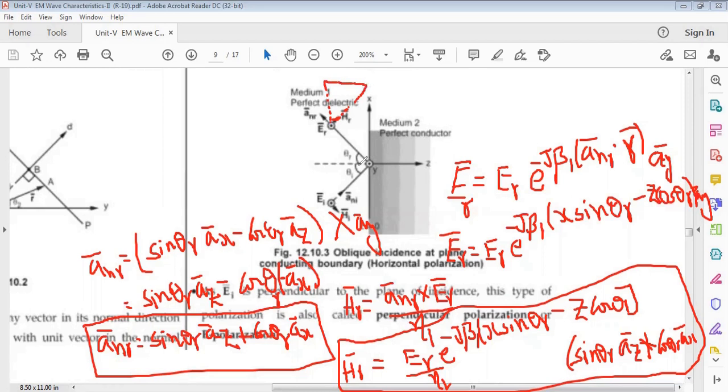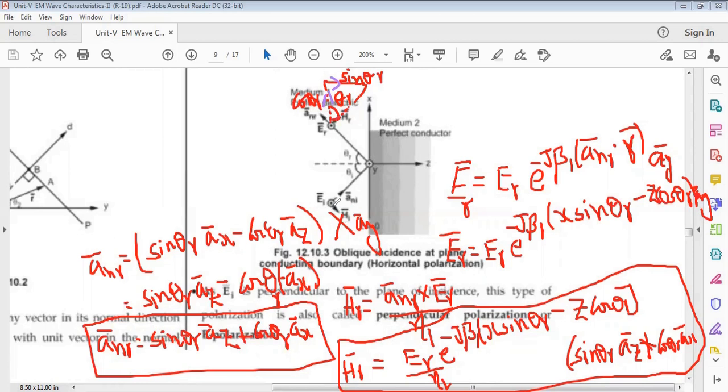Okay. Let us take here theta R is the angle. Opposite side is sin theta R and adjacent side is cos theta R. See, the x direction is positive only, and here also the positive direction. So sin theta R into AZ bar and cos theta R into AX bar.